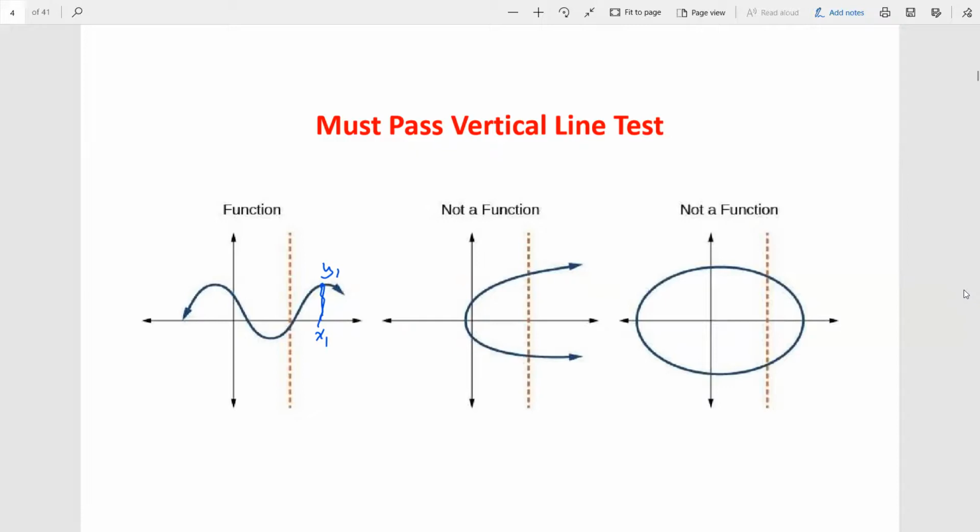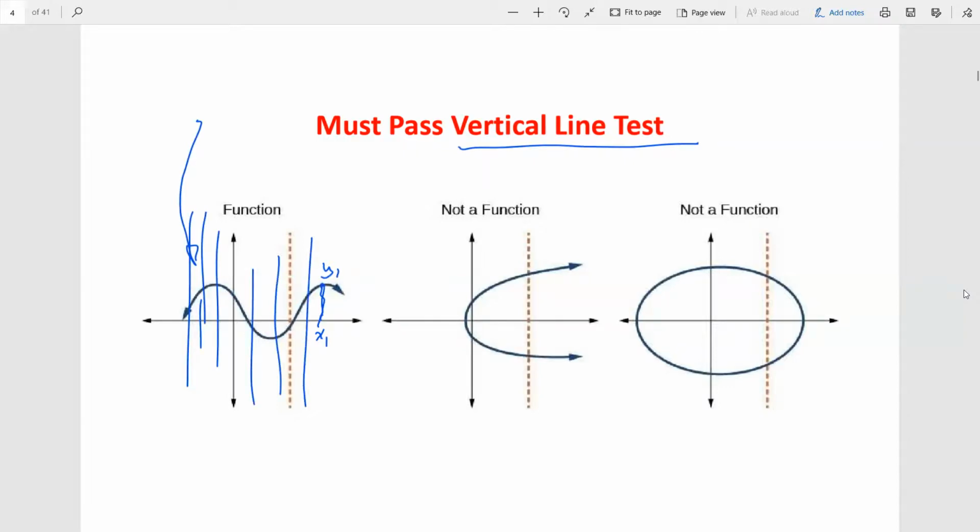So if you look at the graph of a function, it must pass the vertical line test. For instance, here is a function, and every vertical line you put through it only touches the graph at one point. Now, here's a nice looking curve.